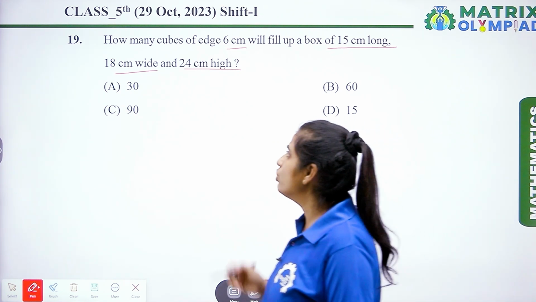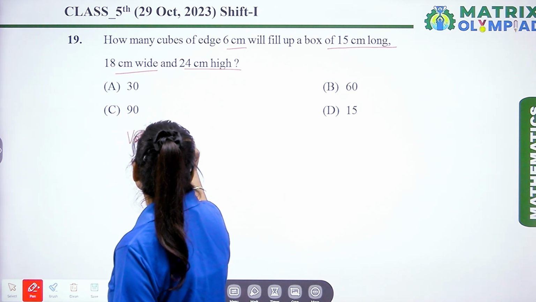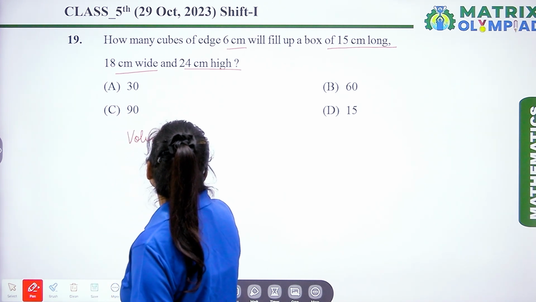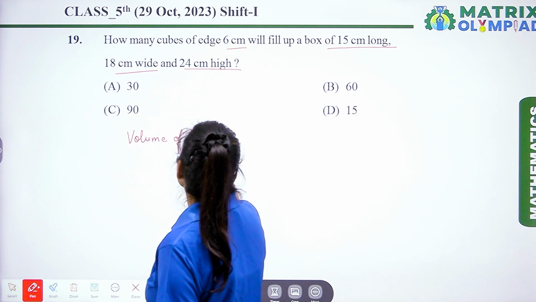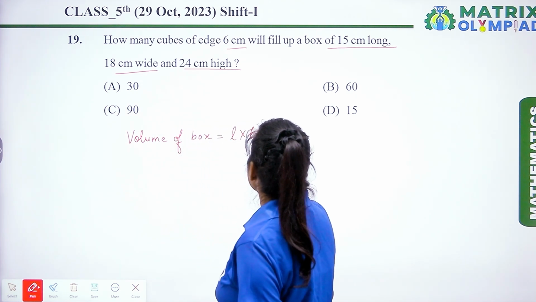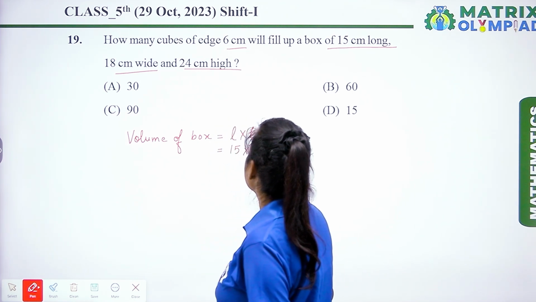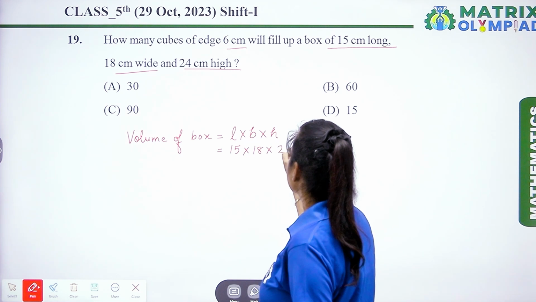So let's find out the volume of this box first. Volume of cuboidal box is L into B into H. So here 15 multiplied by 18 multiplied by 24.